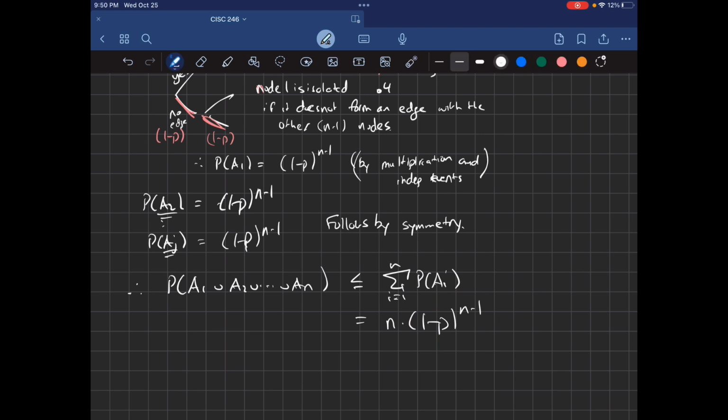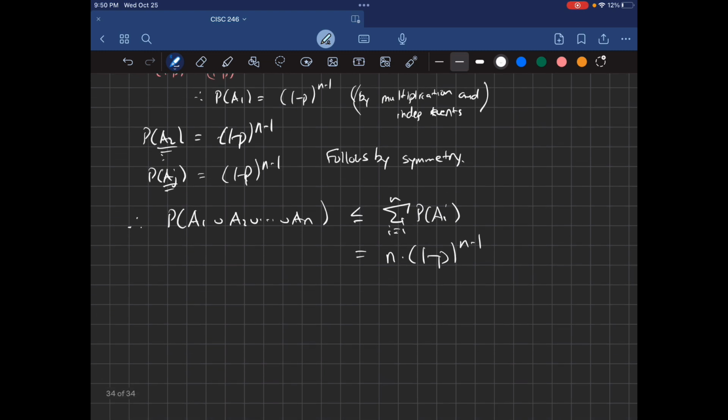Which is a pretty neat result, and it has an interesting consequence. In other words, this is saying the probability of at least one isolated node is less than or equal to n times 1 minus p to the n minus 1.